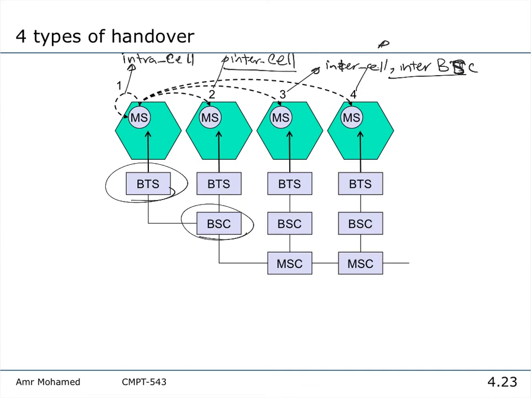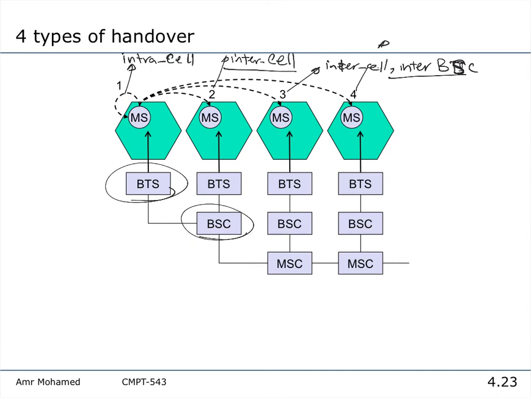One cell is controlled by one BSC, and the other cell is controlled by another BSC. So it's inter-cell and inter-BSC. Why is it connected here with the controller of inter-cell and intra-cell? Where? The controller of the inter-cell.